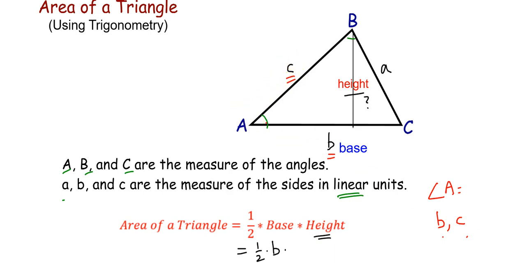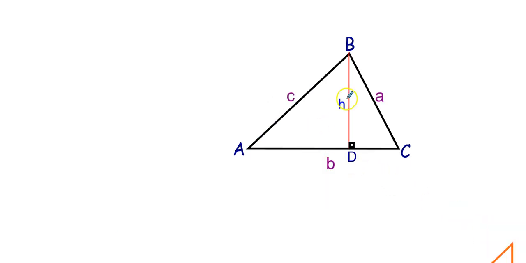Now I have the same triangle here. We have drawn a perpendicular, and as I said, for our area we have half times this whole length b, times that height h. We have to handle that height now.